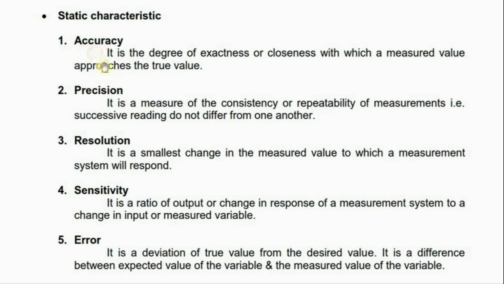So what is meant by accuracy? By definition, it is the degree of exactness or closeness with which a measured value approaches the true value. To elaborate, the true value is the actual value of the unknown quantity that we are going to measure, and the measured value is the value shown by the measuring instrument or measuring system.